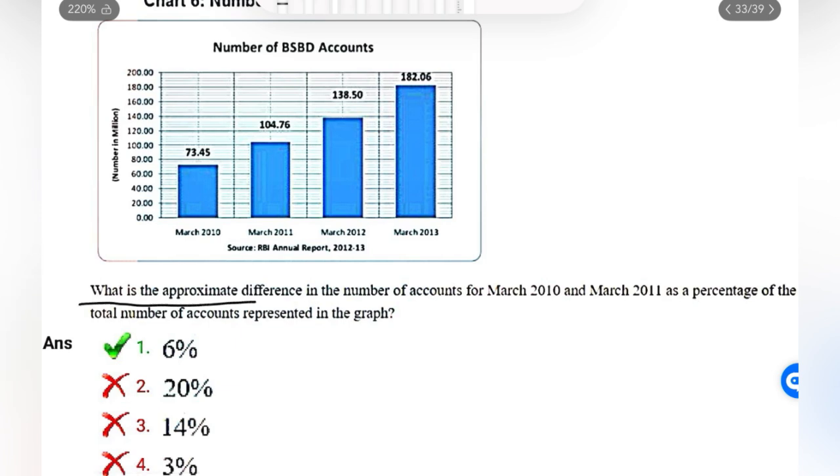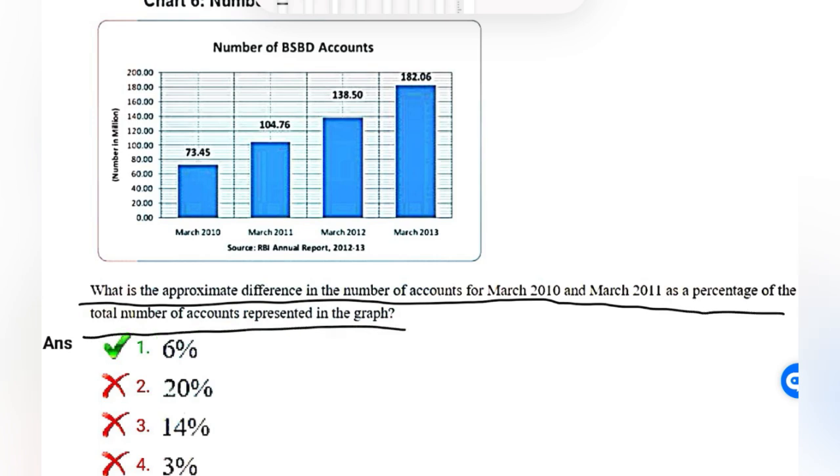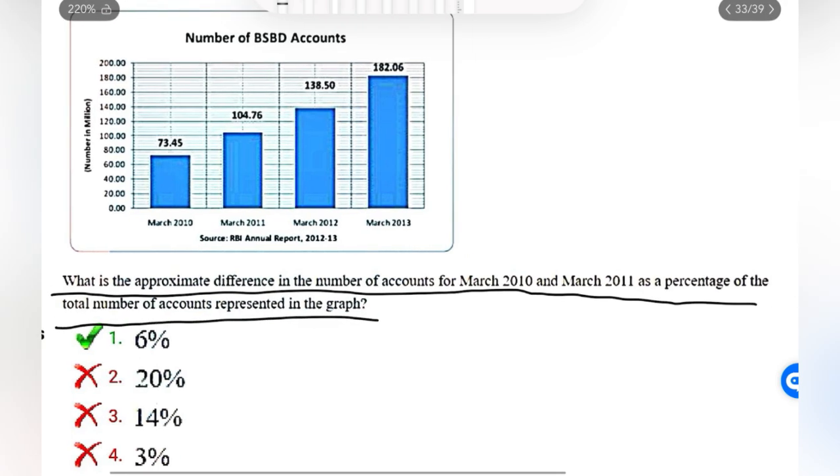What is the approximate difference in the number of accounts for March 2010 and March 2011 as a percentage of total number of accounts represented in the graph?